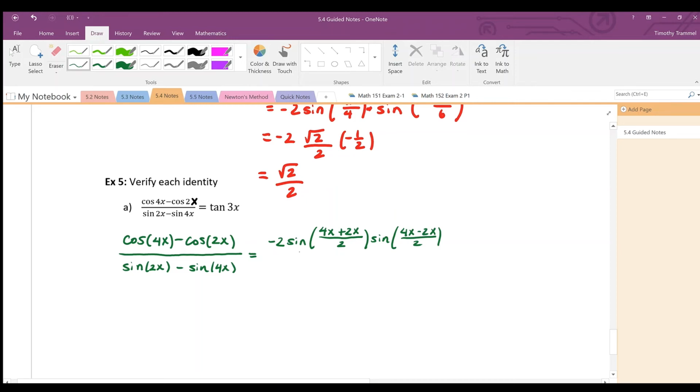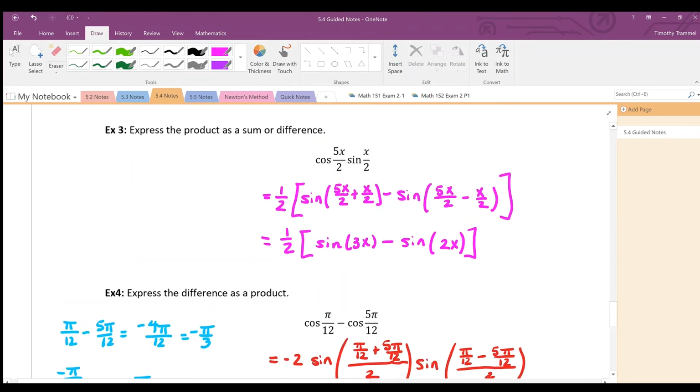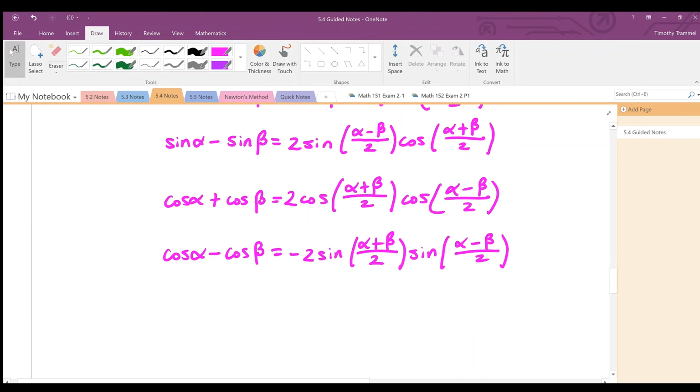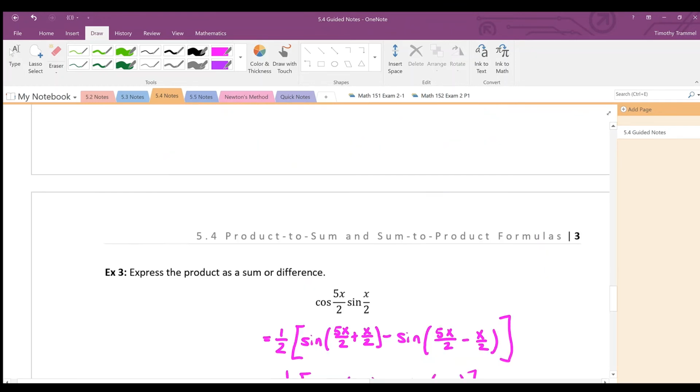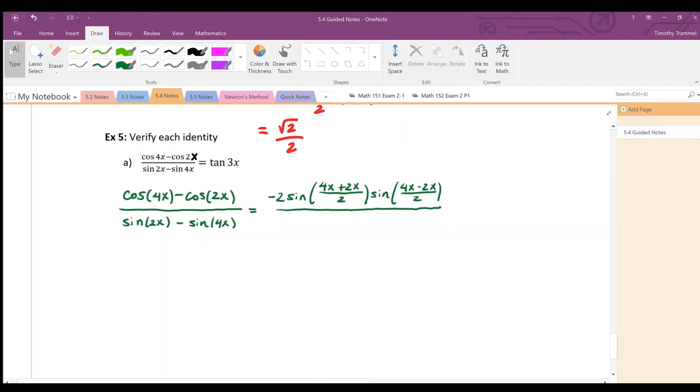And then we have sine of 2x minus sine of 4x, which we should be able to find a formula for as well up here. And it looks like it is this second one here. So we'll have positive 2 this time, sine of the difference of the 2 divided by 2 times cosine of the sum of the 2 divided by 2. We might have to come back up and look at that.